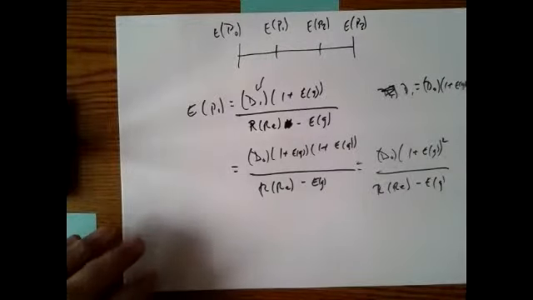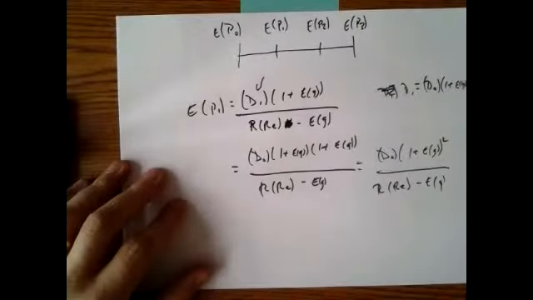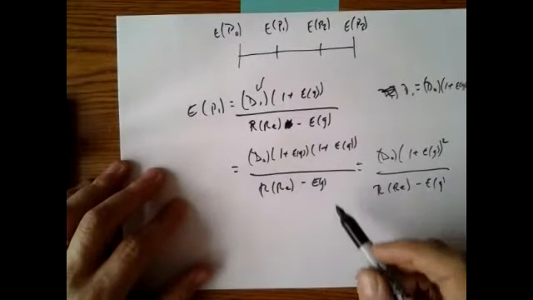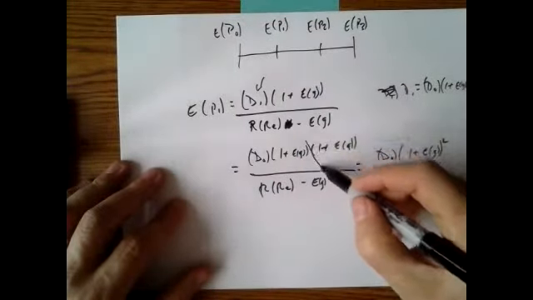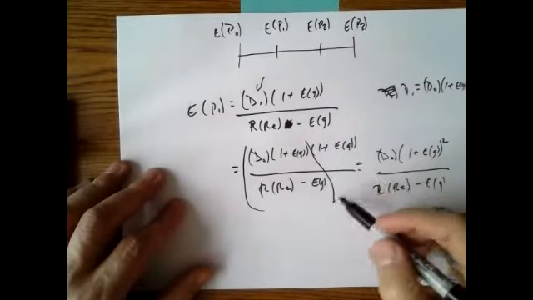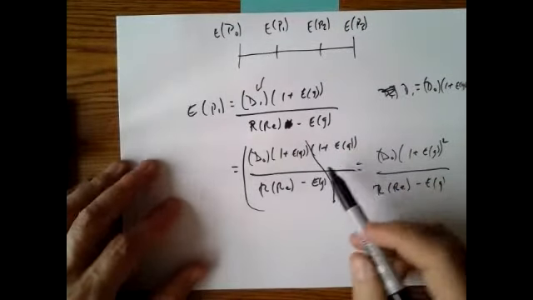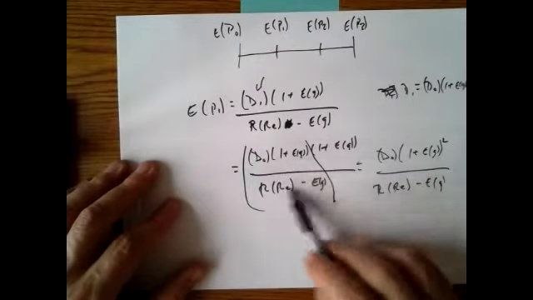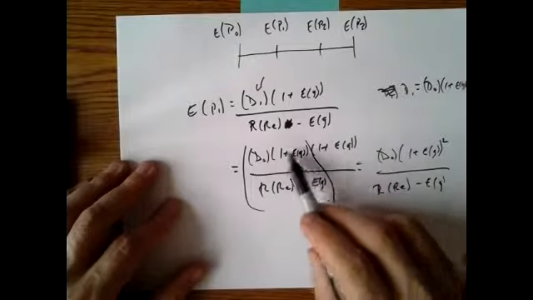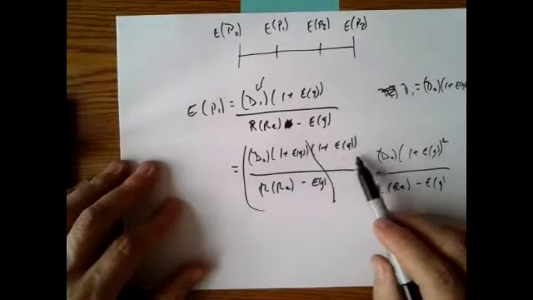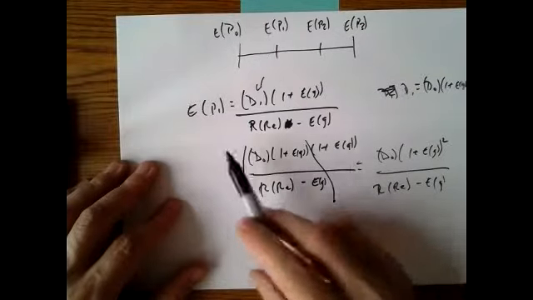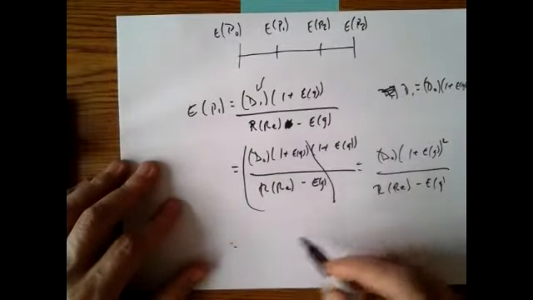So essentially, as we move forward, all we're doing is multiplying the prior price by 1 plus the growth rate. Isolating this, we're multiplying EP0 by 1 plus EG to get EP1.